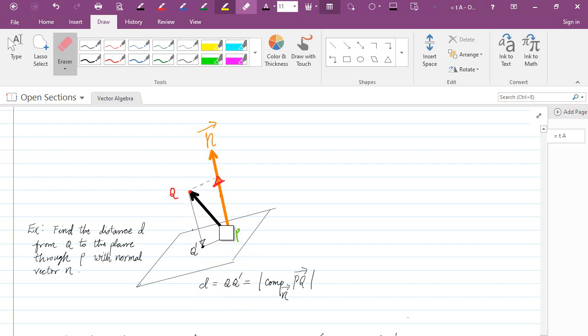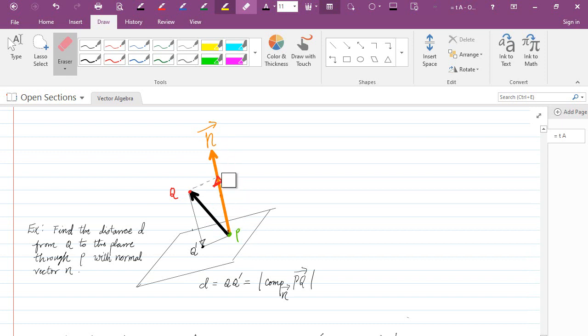How do I find that? Well, P is a point on the plane, and Q is this point. So if I look at the vector from P to Q, and then at the point P, if I draw the normal vector n to the plane, then notice that if I make a vertical line from the point Q onto n, then the vector from here to here, the red vector, that's the projection of the vector PQ onto n.